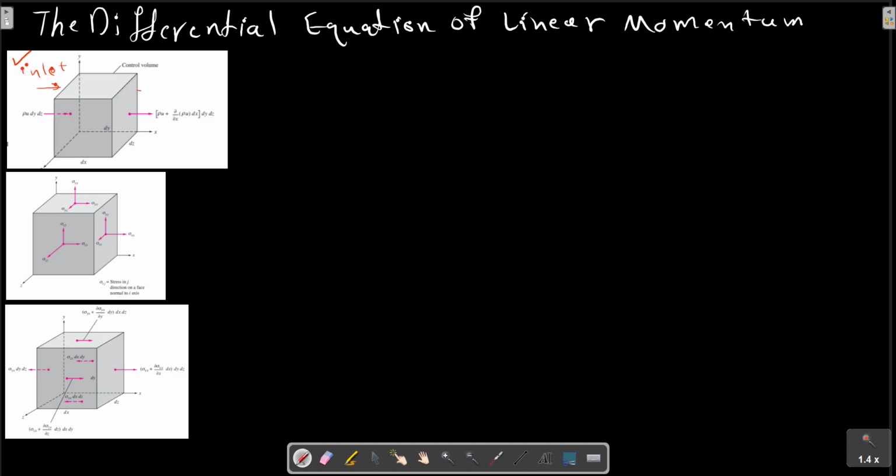and outlet flow here with the values m dot.